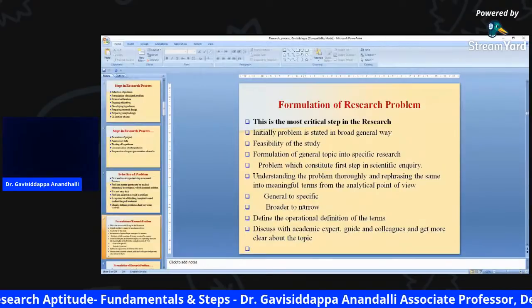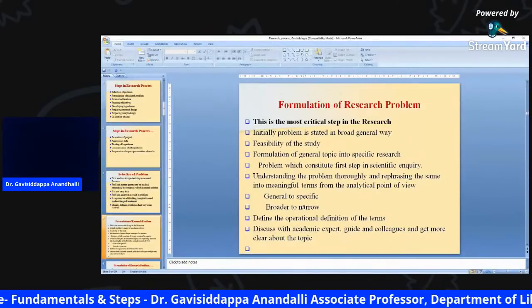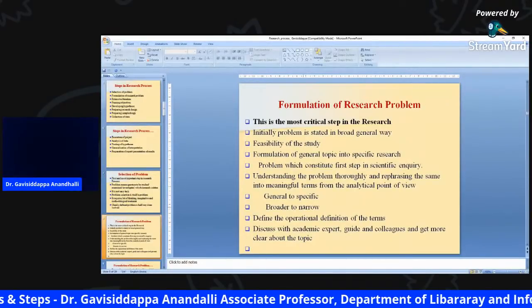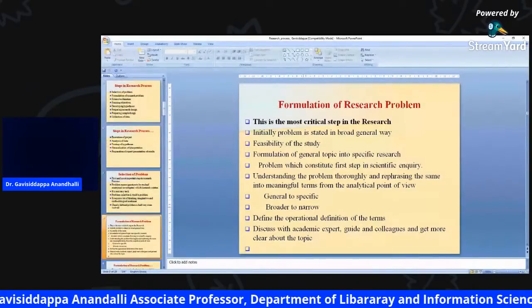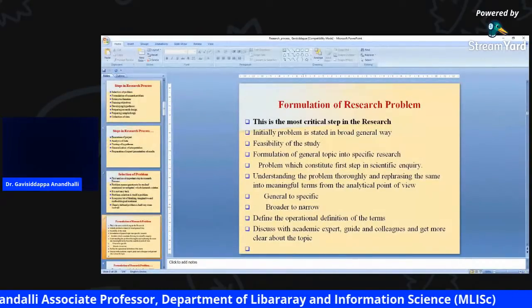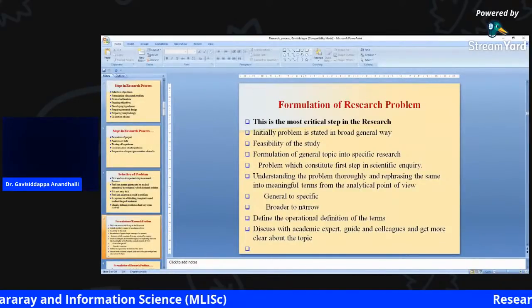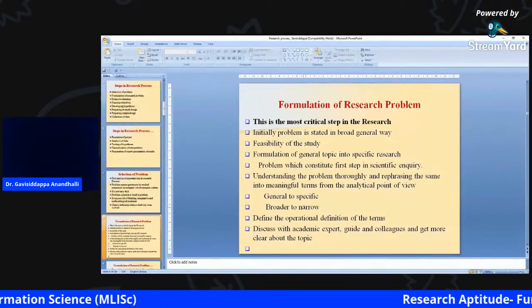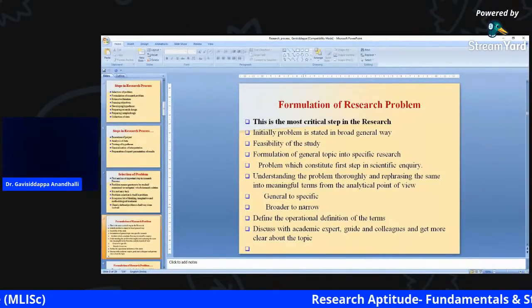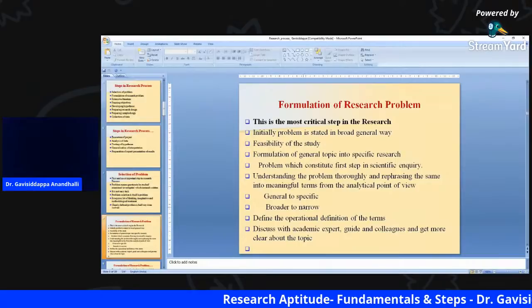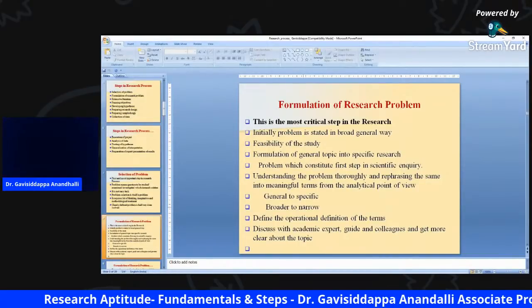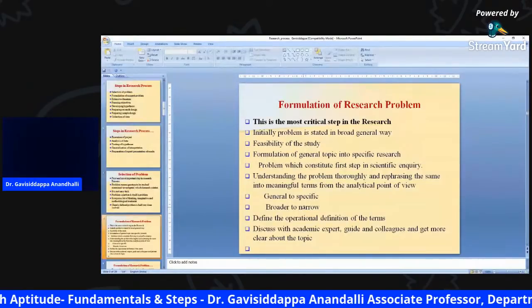You may take Bijapur district or Belagavi district or entire Karnataka. This is the way you have to address it: job satisfaction among the high school teachers in Belagavi district, a case study or a study. If you make it practical this way, it gives a clear indication and a clear meaning of the research topic, the problem which constitutes the first step in the scientific inquiry.